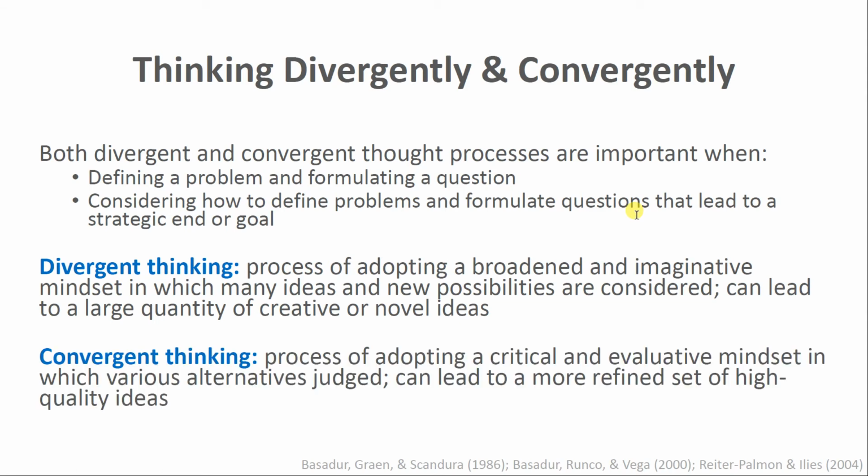Now, in addition, we want to engage in convergent thinking. And this is the process of adopting a critical and evaluative mindset in which various alternatives are judged, and this can lead to a more refined set of high-quality ideas. Interestingly, we could also apply broaden and build theory in this context, but instead think about negative affect or negative emotion. Negative emotions often have this narrowing effect of narrowing our focus.